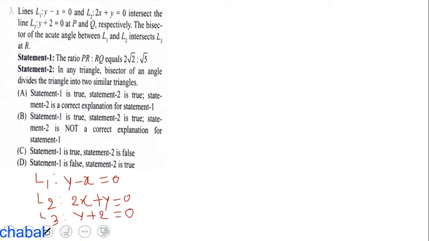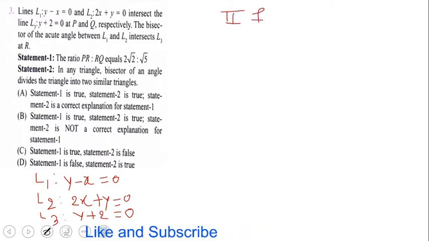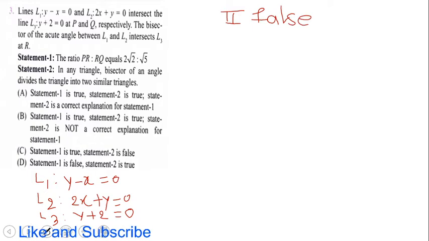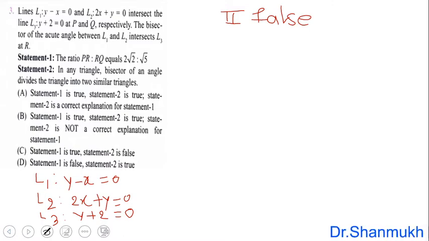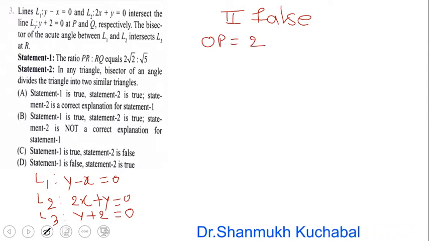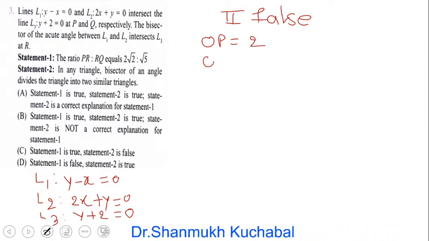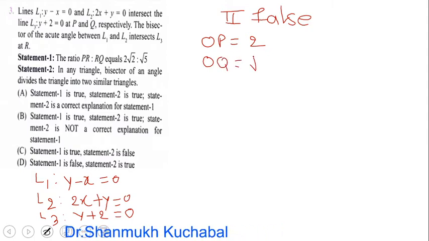Further, statement 2 is false: in any triangle, the bisector of an angle does not divide the triangle into two similar triangles. So coming back to statement 1, we will observe that OP, the length, will be 2 here, and OQ, the length, will be root 5.